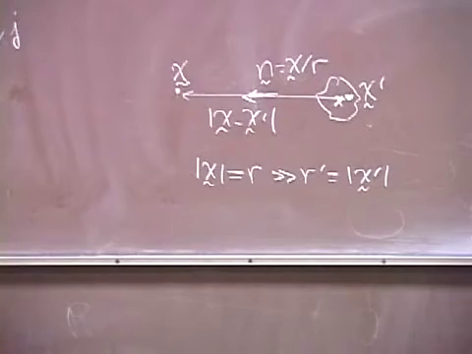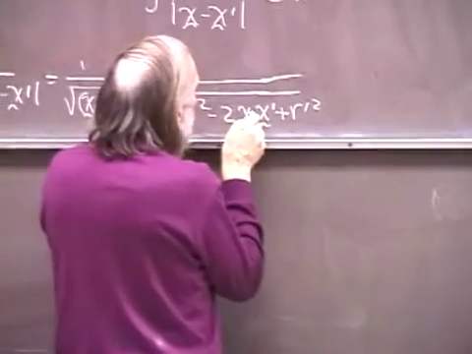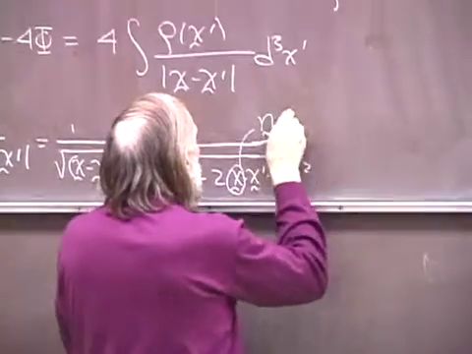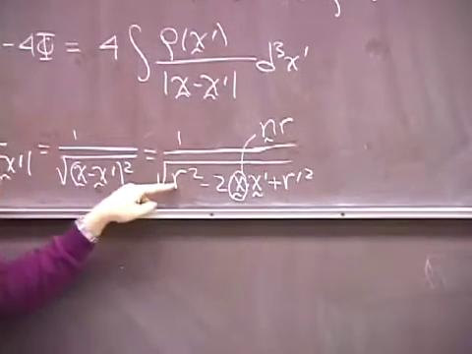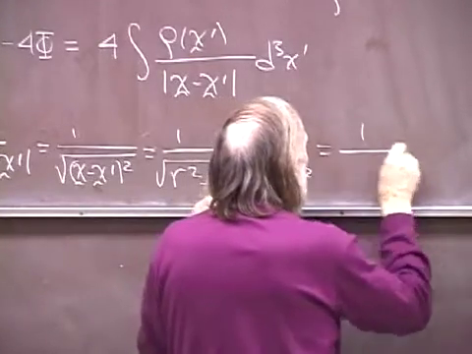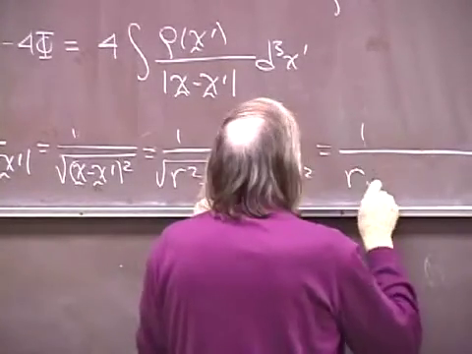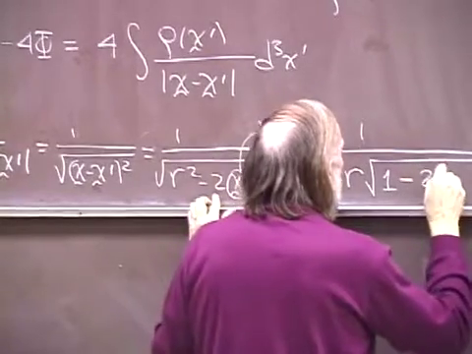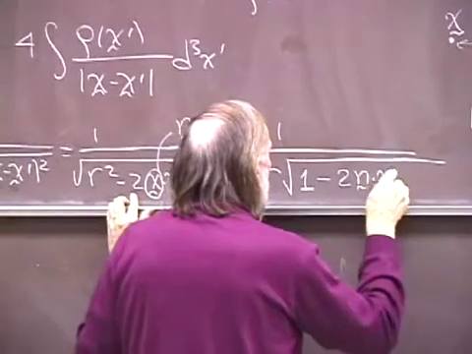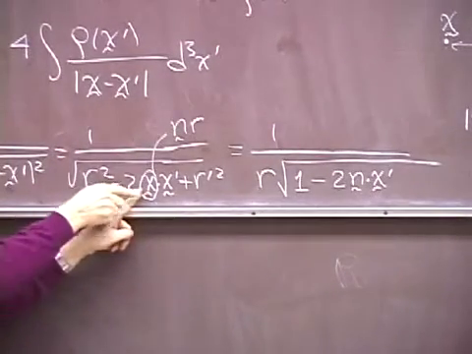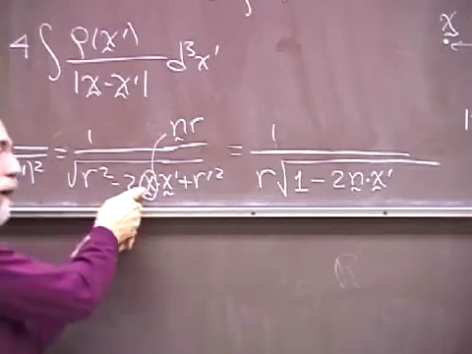And so it is useful to rewrite x as being equal to n times r. And it's useful to factor out the r squared outside of the square root and rewrite this as 1 over r, square root of 1 minus 2 n dot x prime, and then there was 1 over r here, and I divided out the r squared, so this goes like 1 over r.